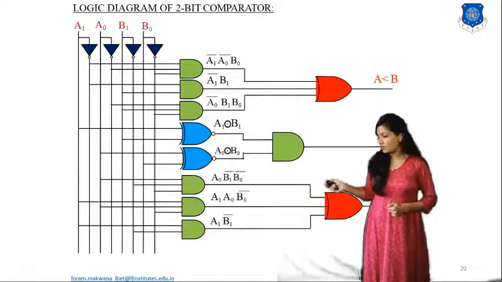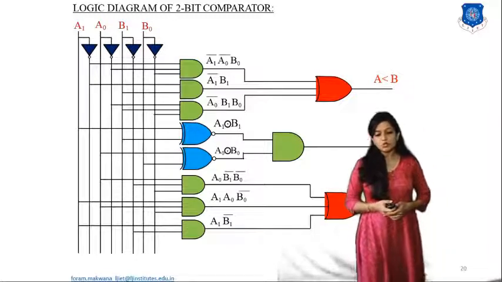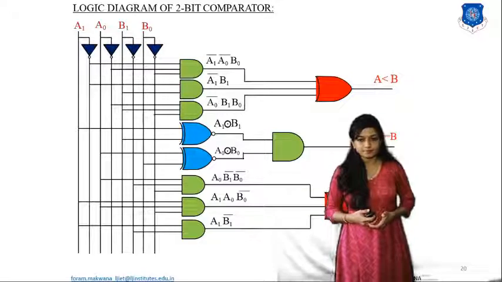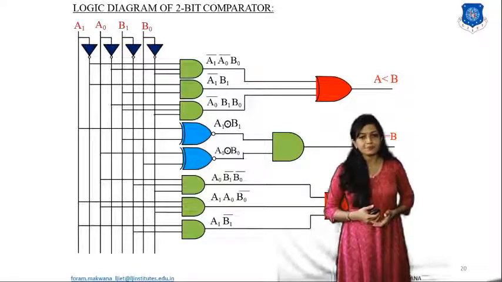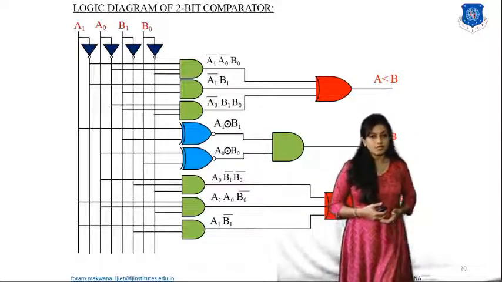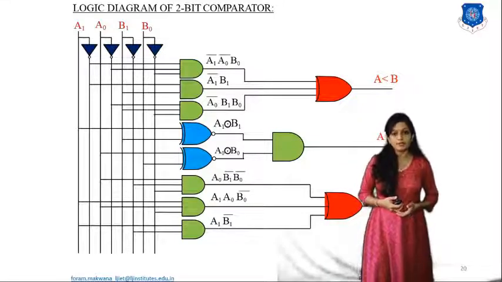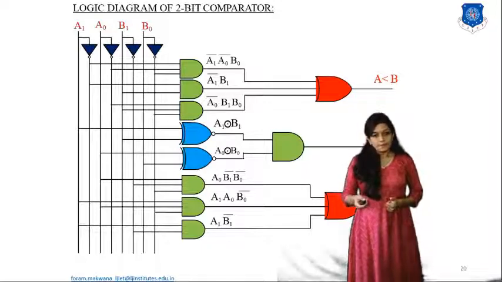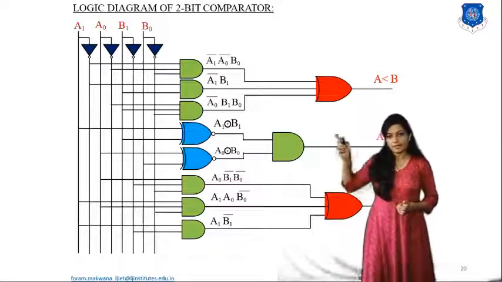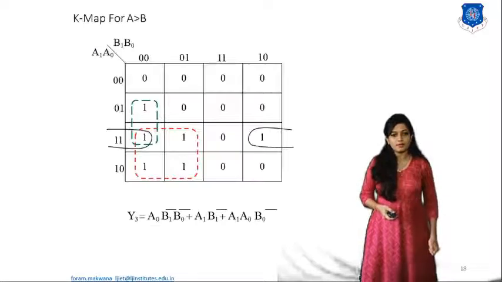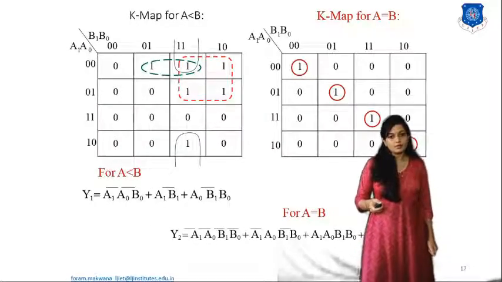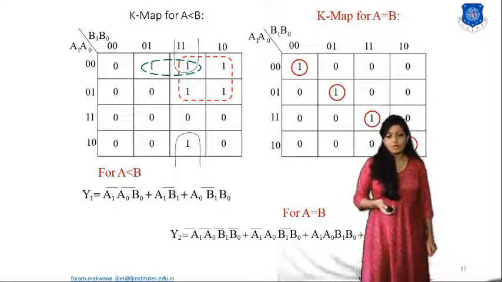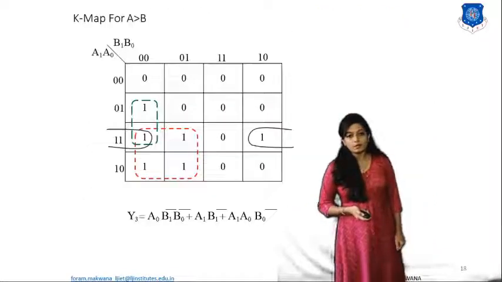So this is the logical diagram of the 2-bit comparator. From this logical diagram, you can identify that for A less than B, we need A1, A0 and B0 in complement form.